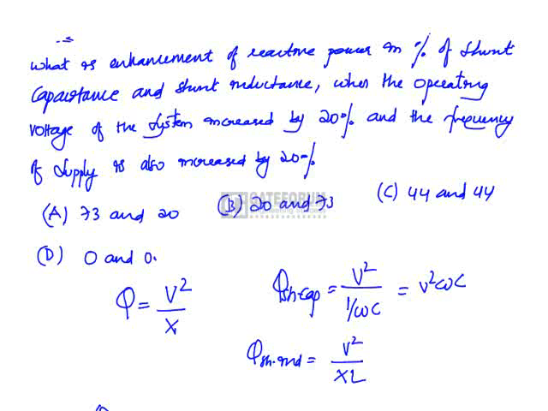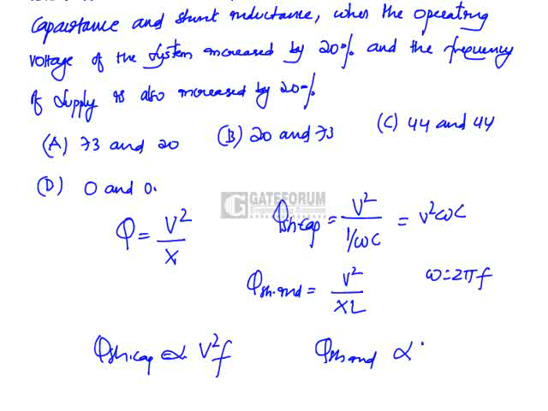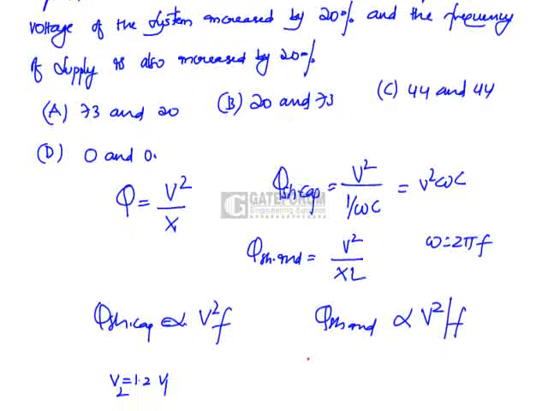I can write here Q shunt capacitance is directly proportional to V square into F, since omega is equal to 2 pi F. Similarly, Q shunt inductor is directly proportional to V square by F. Now what he said is that the voltage is increased by 20%. That means V2 is equal to 1.2 times V1.